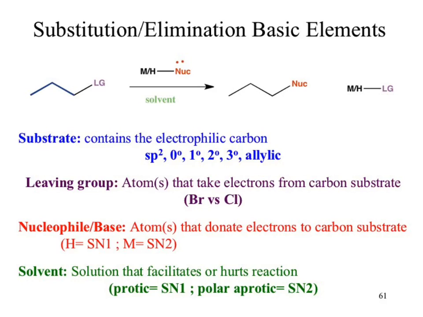There's a double bond nearby, which allows for resonance. Okay? So we have to look for resonance effects with our substrate. Your leaving group, it's the atom that takes electrons from the carbon structure. The easiest examples are bromine and chlorine, okay, or bromide and chloride. Are other atoms good potential leaving groups? Iodide, yes. What is a characteristic of bromide, chloride, and iodide? Size, yes. That's actually going to be misleading. They're all electronegative.